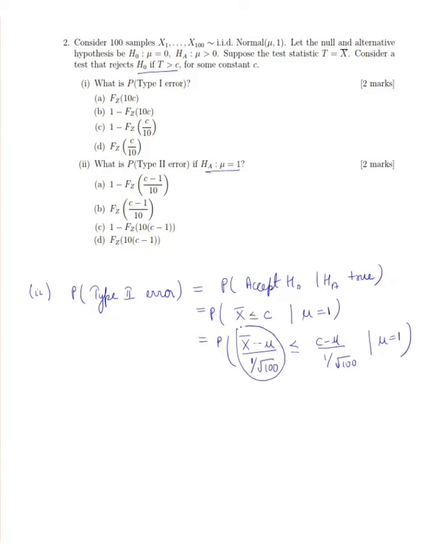Now this whole term is going to be capital Z. So the probability that Z is less than or equal to c minus 1 divided by 1 upon 10. This 10 I can write here, and this is nothing but phi of 10 times c minus 1. So this is going to be our probability of making a type 2 error. So the correct answer is D.